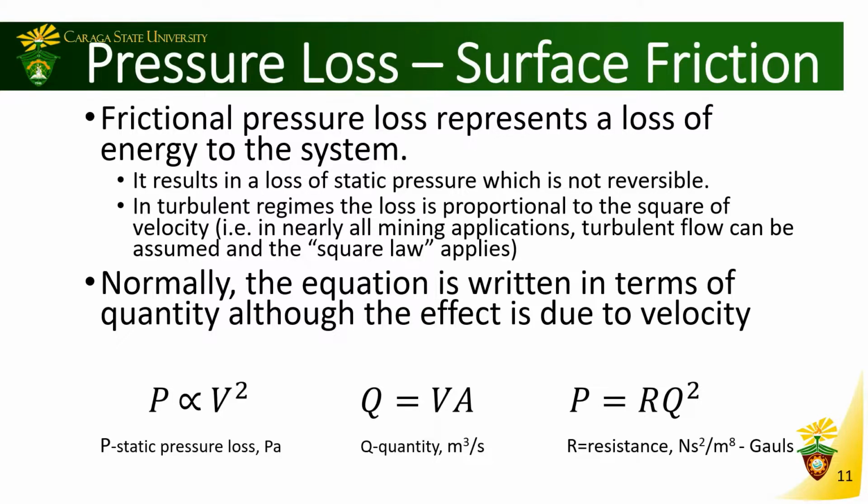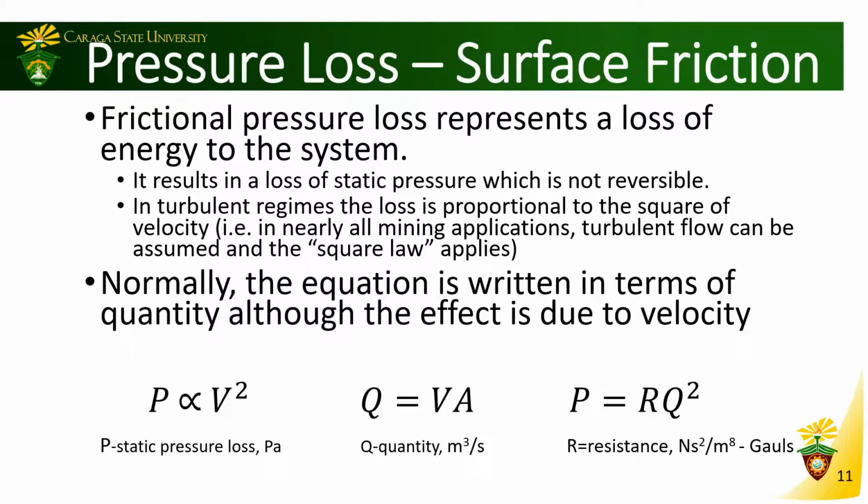Okay. So normally, the equation is written in terms of quantity, although the effect is due to the velocity. Okay. So just to reiterate that in nearly all mining applications, the type of flow that is governing the mechanics or the movement of the fluid is turbulent flow.